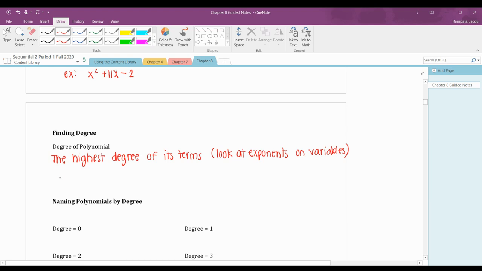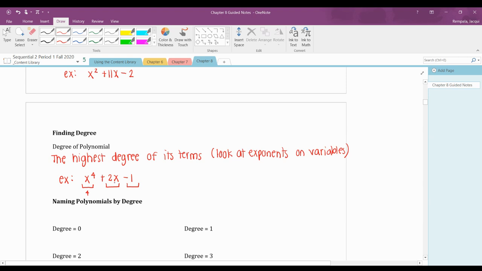polynomial. So if I look at an example, something like x to the 4th plus 2x minus 1. Okay, notice that I've got 1, 2, 3 different terms. So I want to look at the exponents on the variables. The first term is x to the 4th. So that means it has a degree 4.